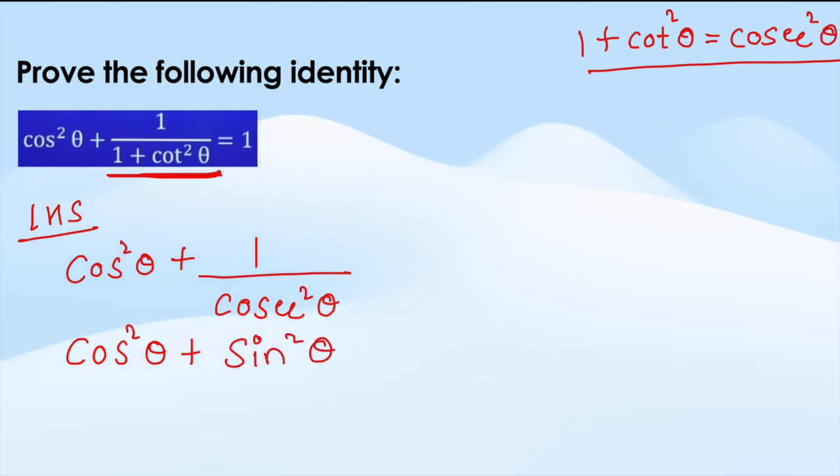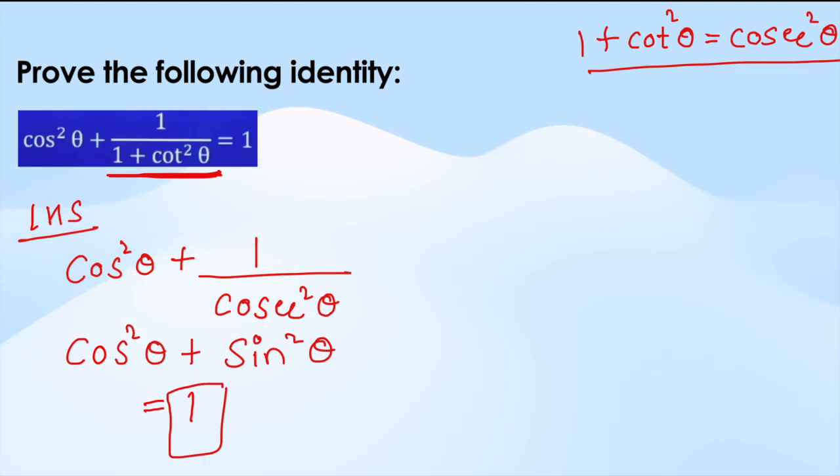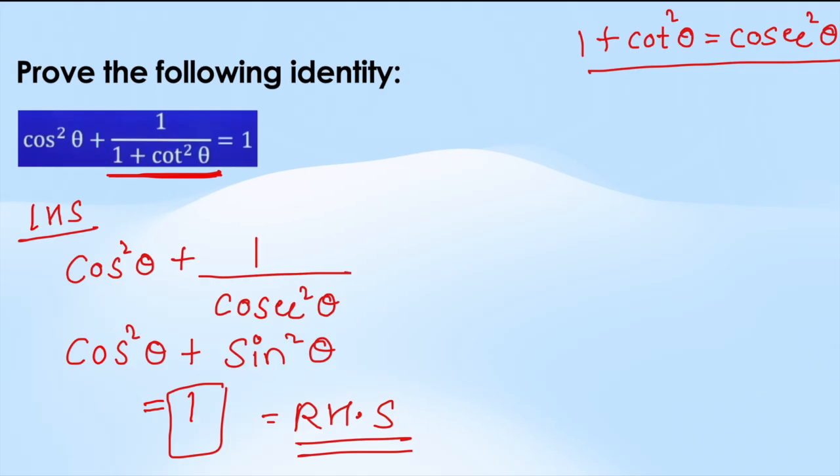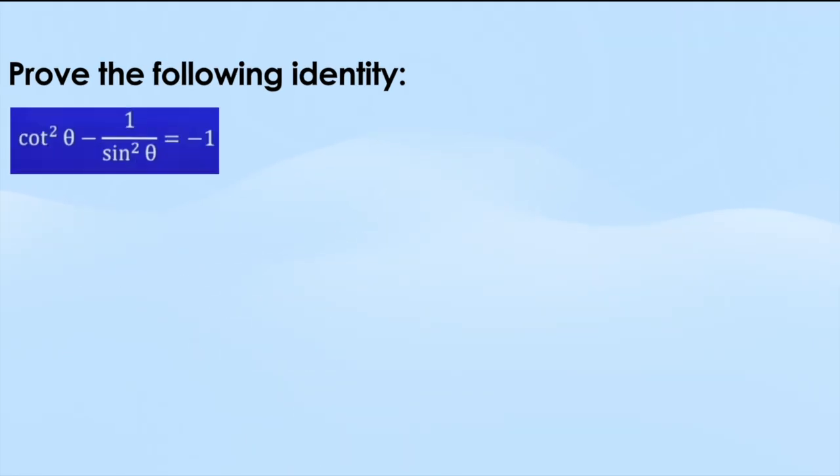It is a very famous identity. Cos square theta plus sine square theta is 1, right? So this is equal to your RHS, hence proved. And the question is easy. If you know the identity, and if you know that in these questions you just have to convert from one trigonometric ratio to another, you can solve the question. Clear?